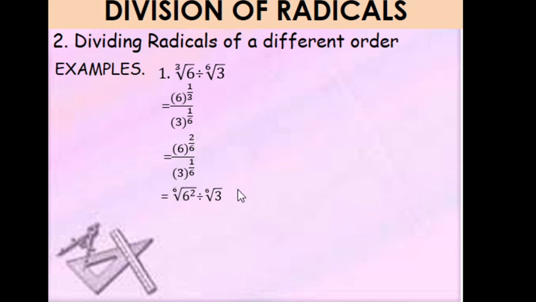So ngayon, ang gagawin natin dito is to form, again, ng ganitong format. So magiging siyang 6th root of 6 square divided by 3. So extract natin yung 6 square para ma-simplify natin. So this will become 6th root of 36 over 3.